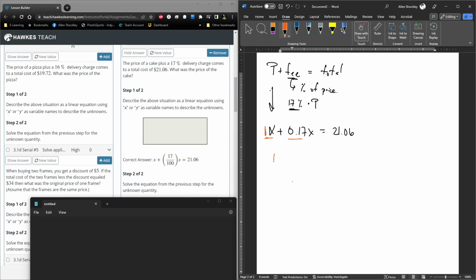And this, so 1.0, 1.17x. Because remember, whenever we're combining our x's together, they just stay as an x because we're not multiplying here, we're just adding. And then from here, we're going to get that x completely by itself by dividing.